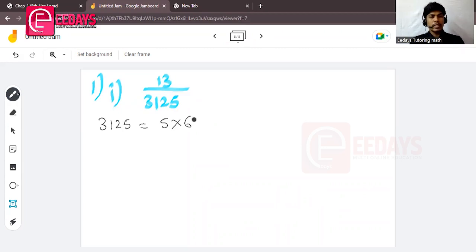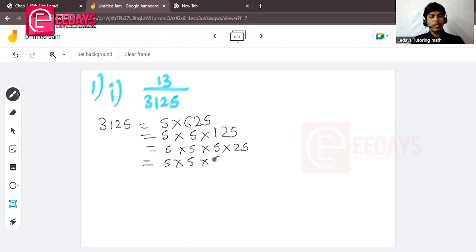You'll get 625, then 5 into 5 into 125, then 5 into 5 into 5 into 25, which we can write as 5 into 5. Finally, how many 5s do you get? 1, 2, 3, 4, 5.